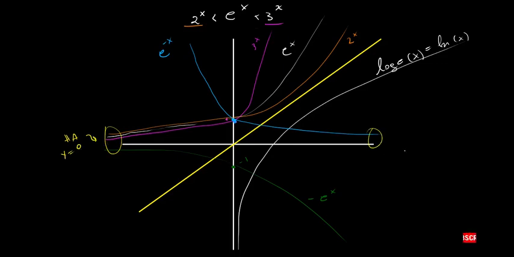Here, this function, e to the minus x, also has a horizontal asymptote at y equals 0, only that this one is to the right, and these other ones are horizontal asymptotes to the left. And as we've seen before, the logarithmic function, in this case the natural logarithm, has a vertical asymptote at x equals 0. And with this, we finish the video for exponential and logarithmic functions.